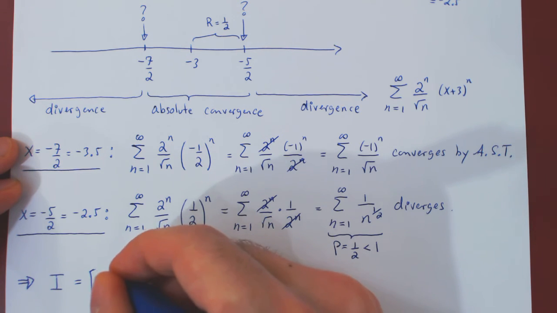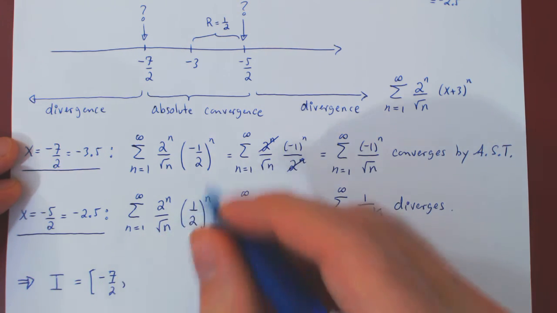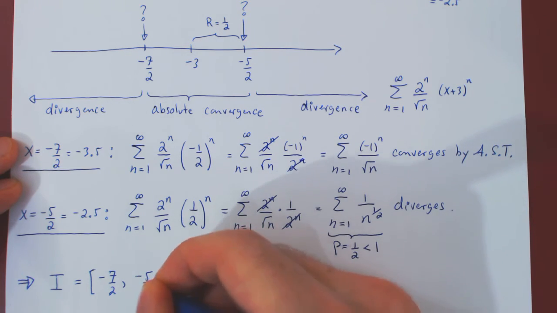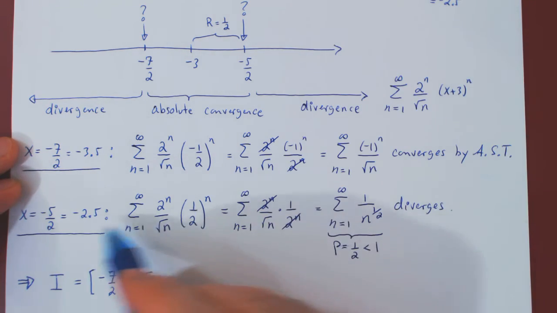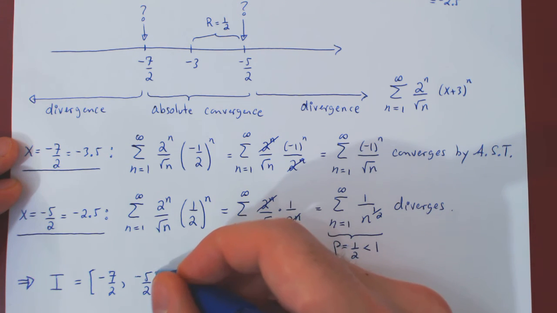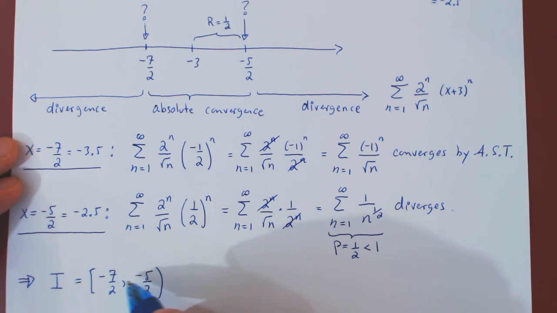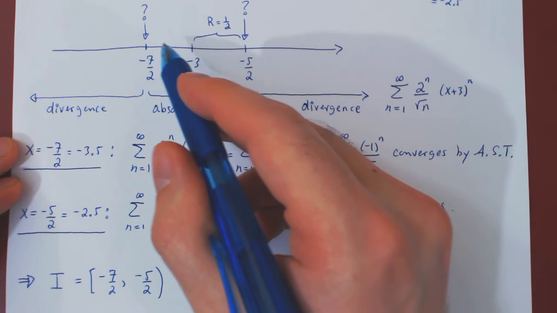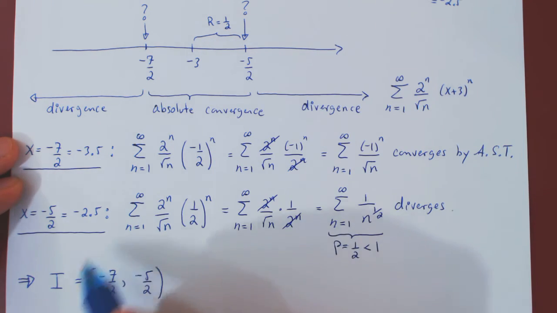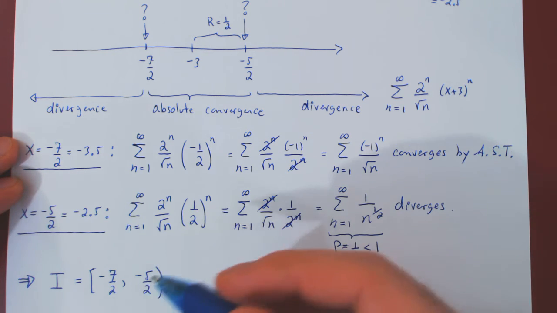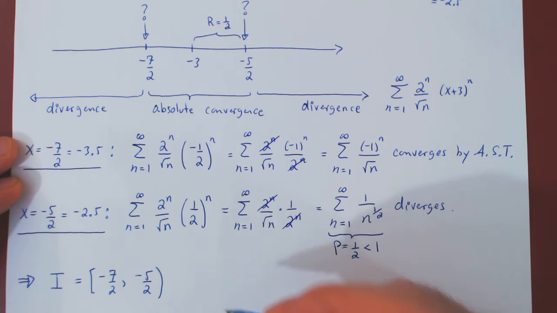So negative 7 over 2, all the way up to negative 5 over 2, but at the right-hand point, the series diverges, so we have to exclude the right-hand point. And you see this interval contains now all values of x for which the power series converges. And this is why, of course, this is called the interval of convergence.